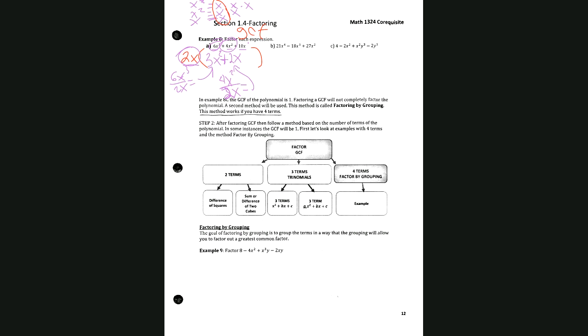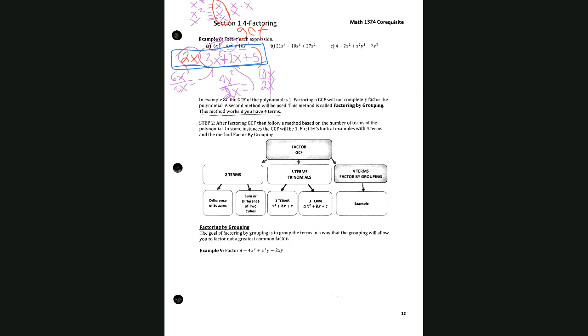And then finally, we have 10x positive, and we divide by 2x because that is our GCF. And so that will give us positive 5. So that gives us the answer, the two factors of that expression.